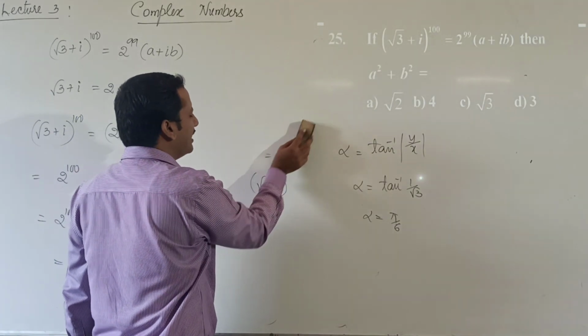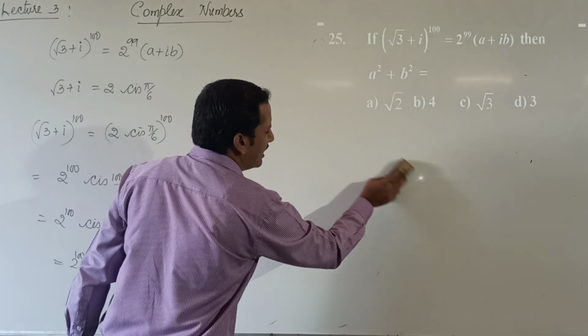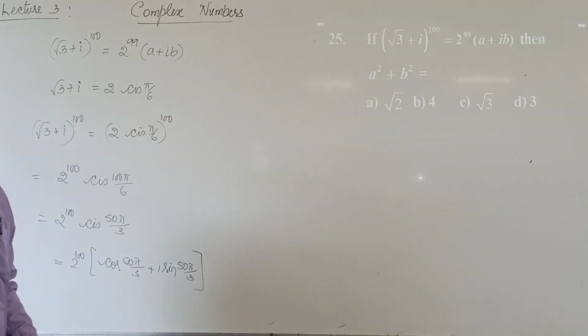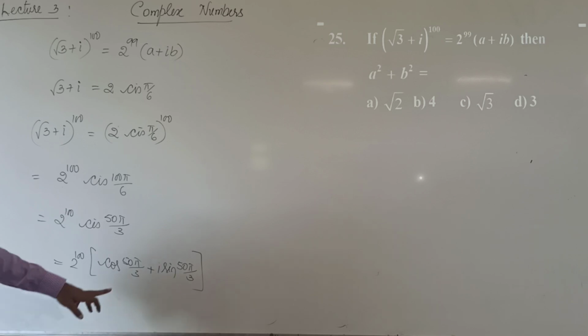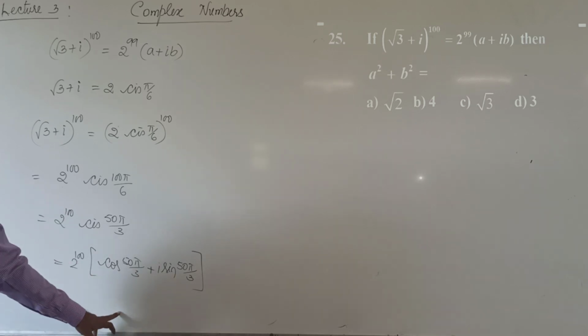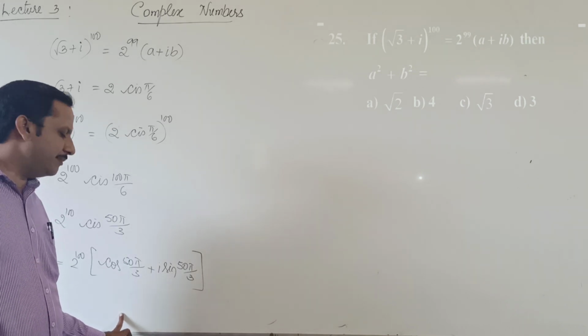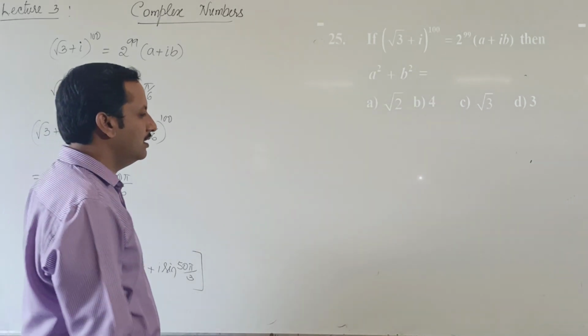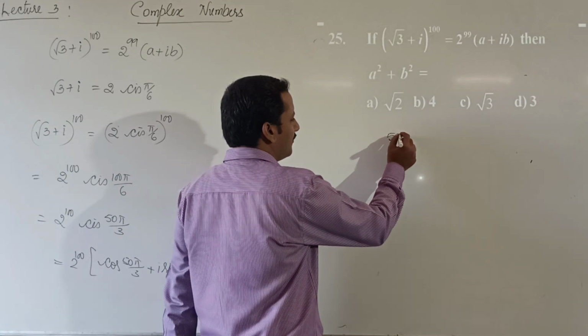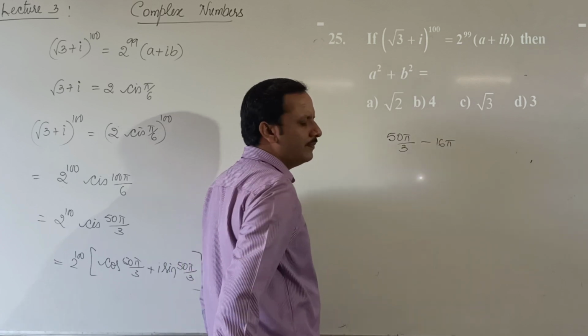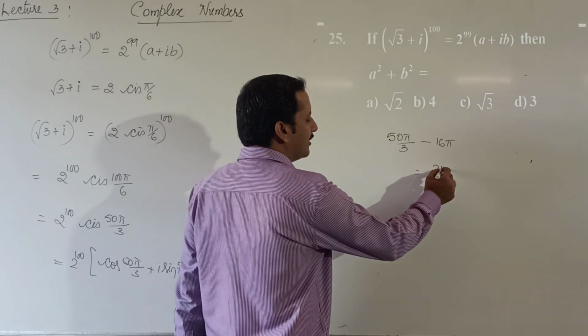So from any angle, if I subtract 2 pi or any multiple of 2 pi, then there is no change in the value of the trigonometric function, which you know, right? So from 50 pi by 3, I will subtract any multiple of 2 pi. Let me subtract 16 pi from this. Say, I will go for this 50 pi by 3 minus 16 pi. That will give you 2 pi by 3, right?